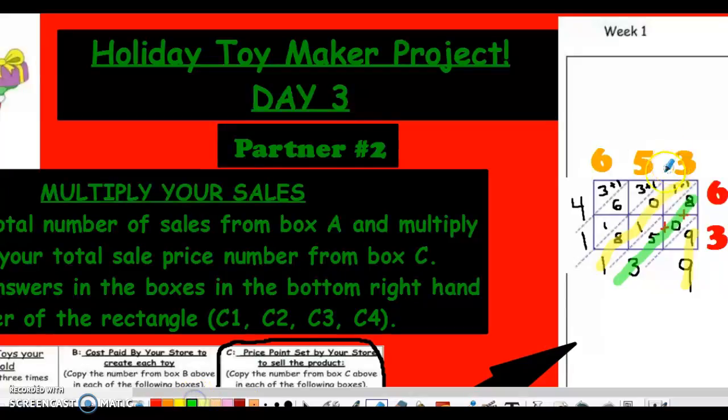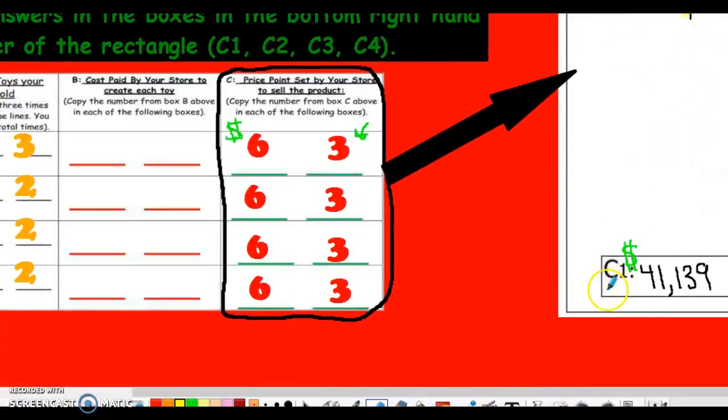In this case, you have the carried 1 plus 3 plus 6 plus 1, which gives you 11 again. You carry the 1 up into the 10,000s place value. And finally, you do 3 plus 1, which is 4. And you'll recognize that you have a pretty big, substantial sales number, 41,139. Take that information and place it into the bottom box where it says C1 so that you can keep yourself organized.